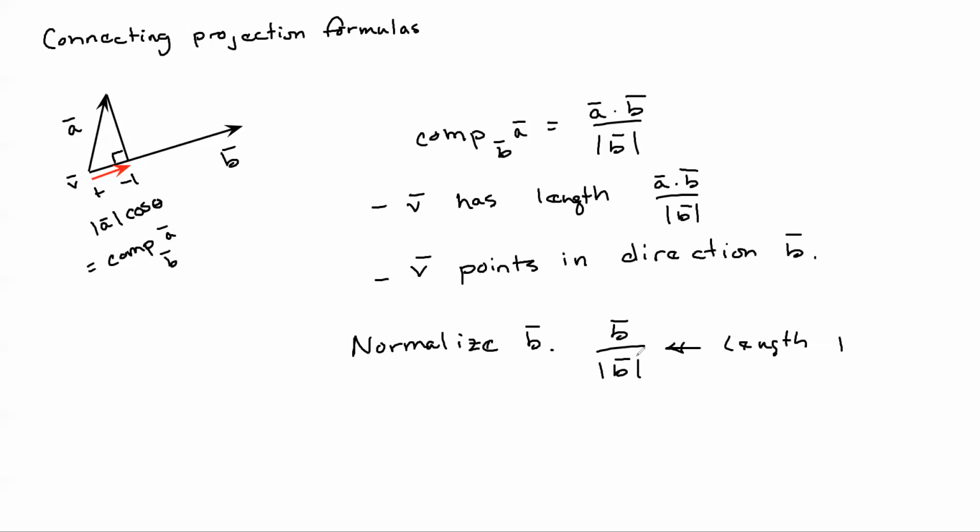We could just take this vector and multiply it by 2. So if we wanted a length 2 version of this, we would just multiply by 2.